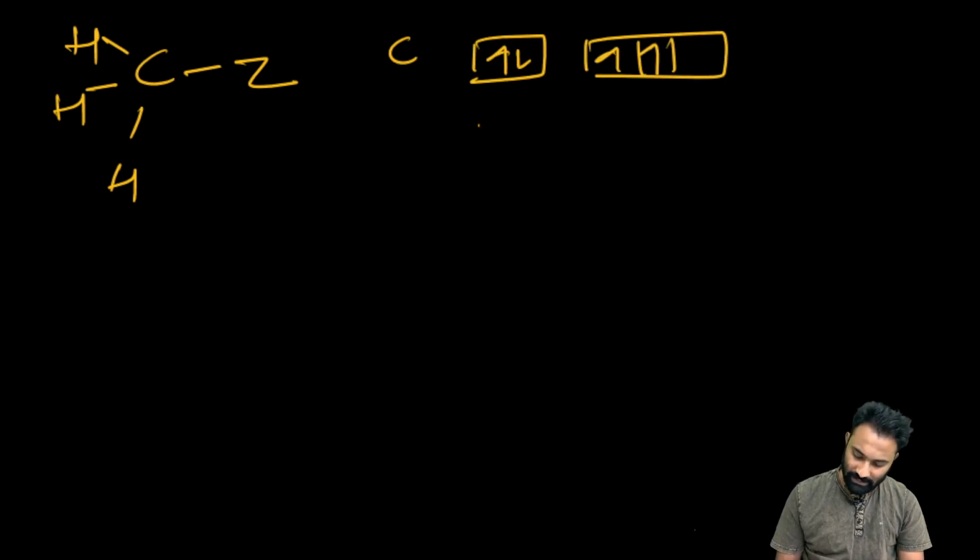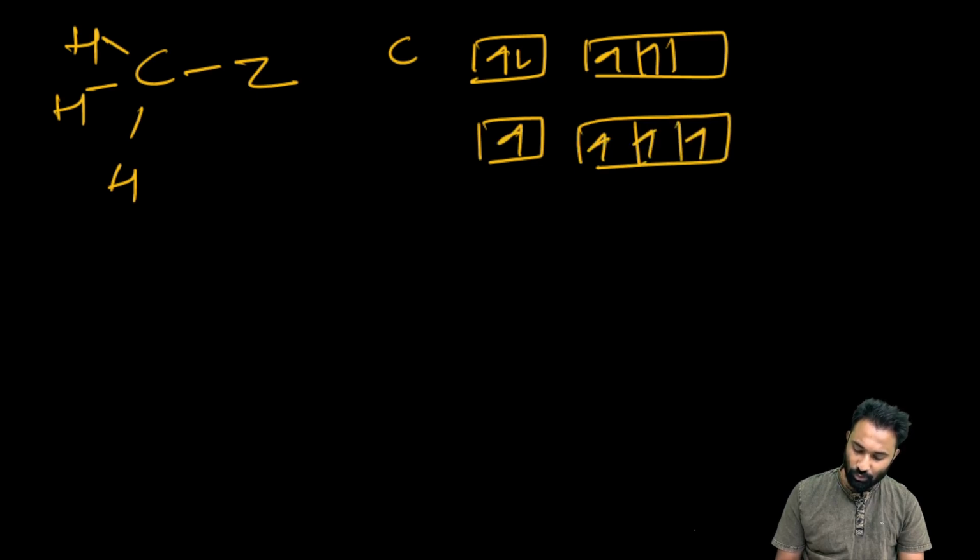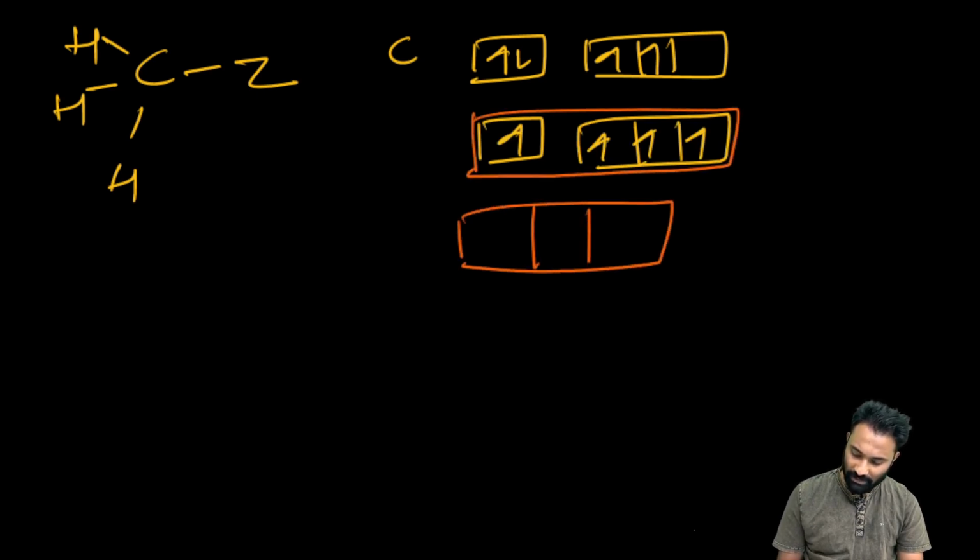The excited state electronic configuration will be 2s2 2p3. Then when it participates in hybridization, the orbitals intermix in this manner, and each hybridized orbital has one electron.